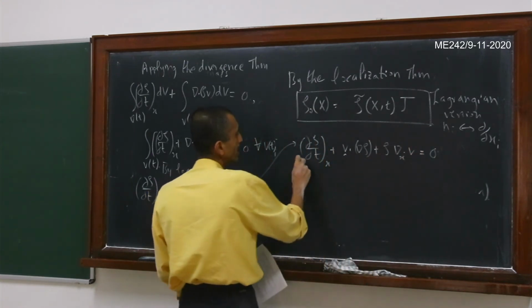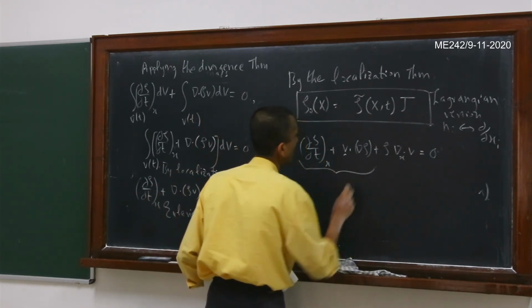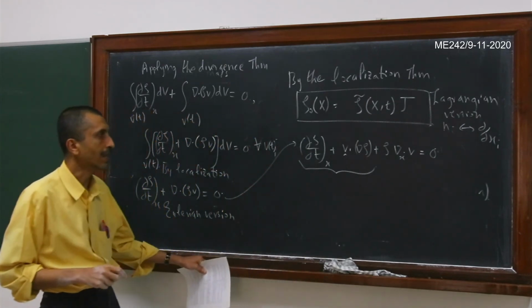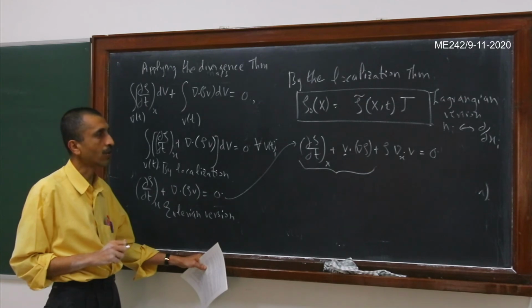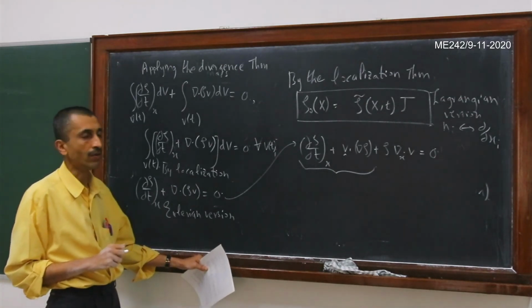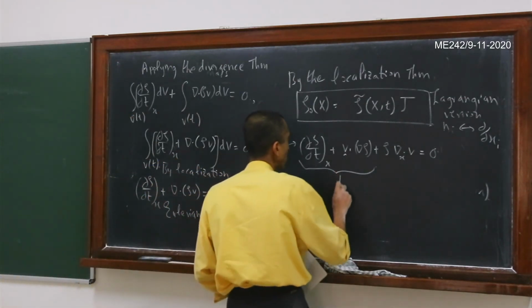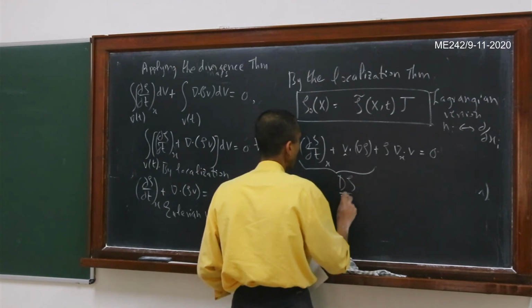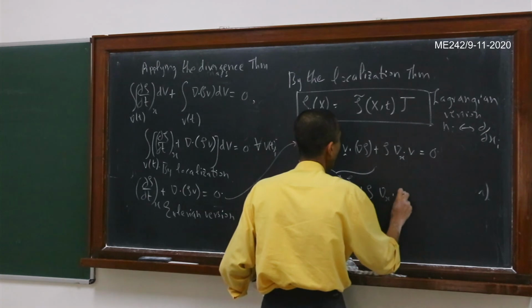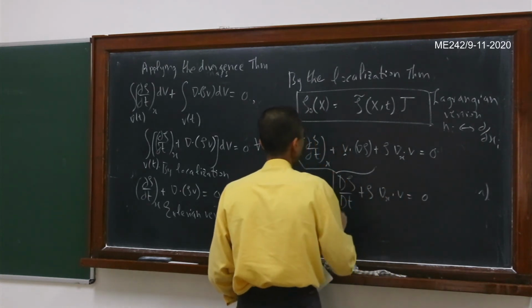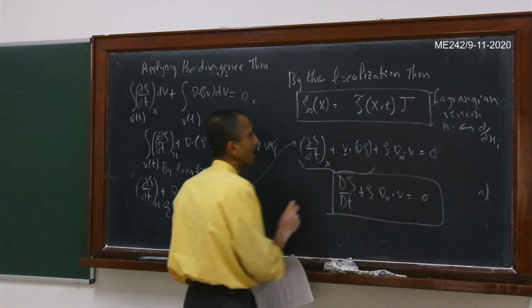Now del rho by del t keeping small x fixed plus v dot del rho is nothing but the material derivative, d rho by dt. So this is d rho by dt, the material derivative, plus rho del dot v is equal to 0.